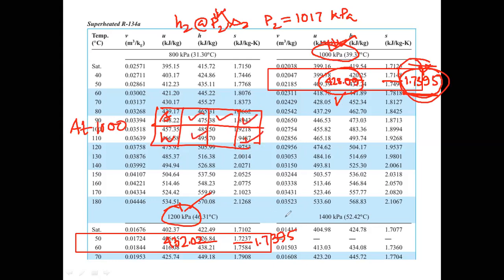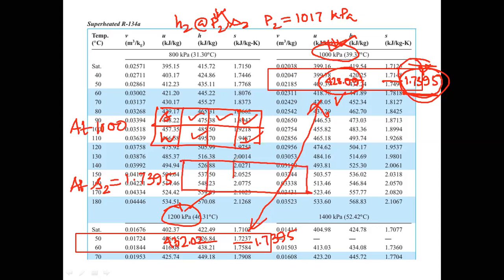Now for the interpolation between this and this, what we have to do is we have to write at entropy value S2 equals 1.7395. We will construct a table like this, where again there will be 4 columns. Now in these columns there will be pressure instead of entropy. So here will be pressure, here will be enthalpy.